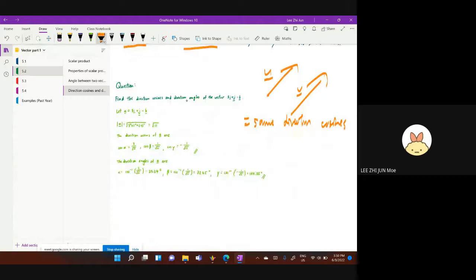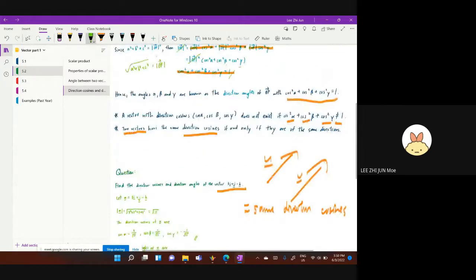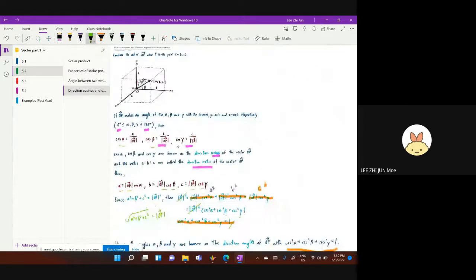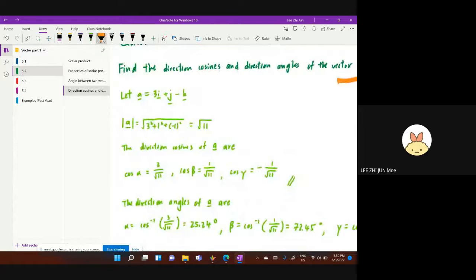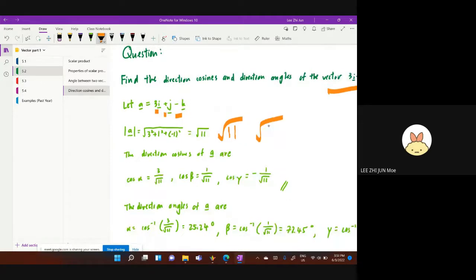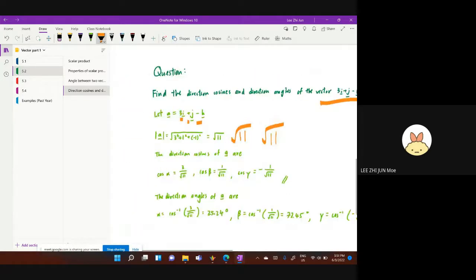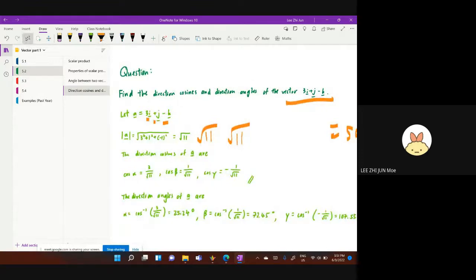Find the direction cosines and direction angles of this vector. To find the direction cosines, we use this red color formula. Let us find the magnitude: 3 square plus 1 square plus 1 square, so square root 11. I leave it as a surd so my calculation will be more accurate.